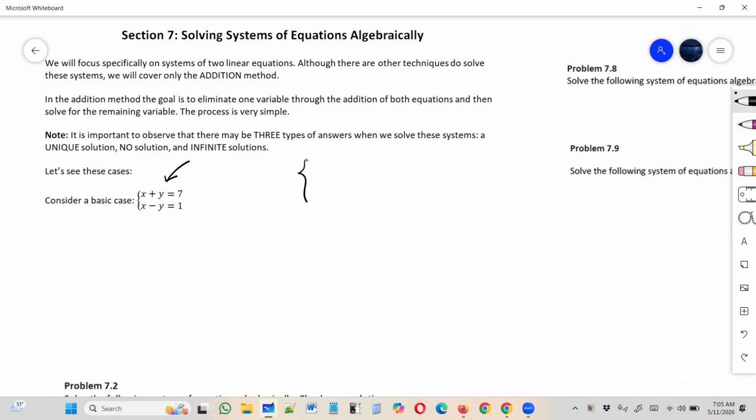It's going to be in the form where we have, and this is the first equation. Right? There may be a coefficient multiplying x, a coefficient multiplying y, and there is a number right here. And then some other coefficients.